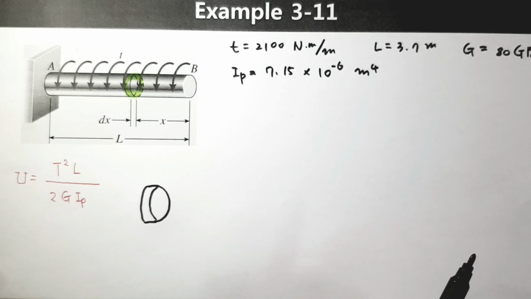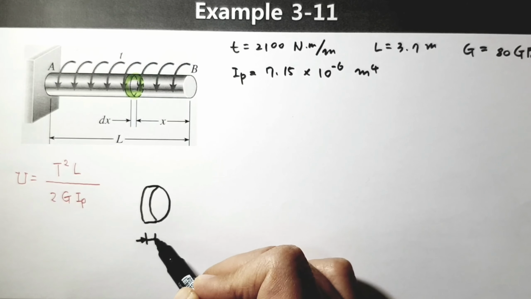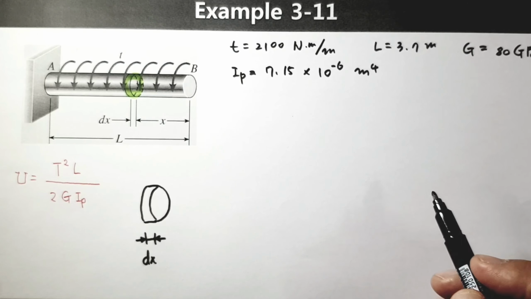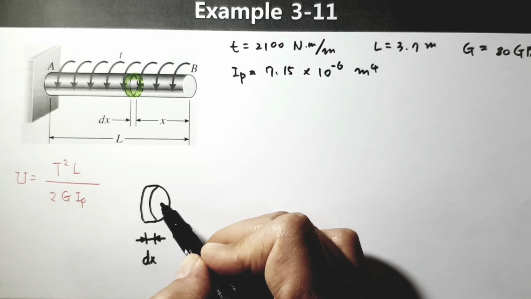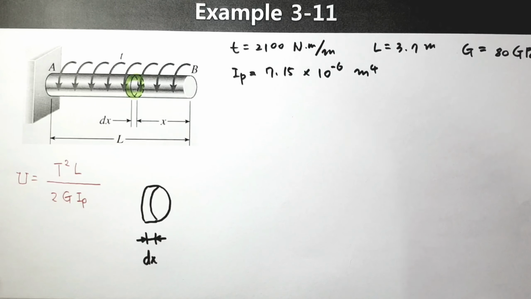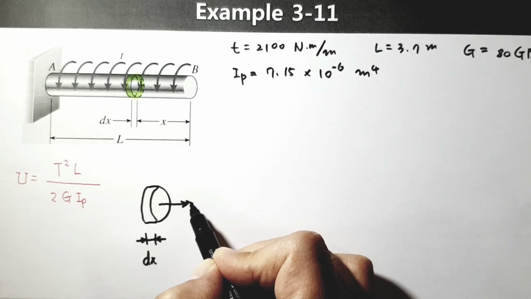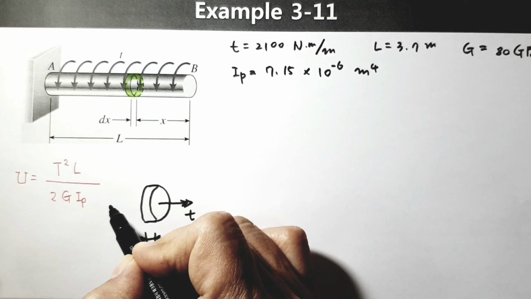It's a very small cylinder, solid inside. Its length is dx. And some torque is acting like this one. When you apply the right hand rule, this kind of torque T is acting, and here as well.